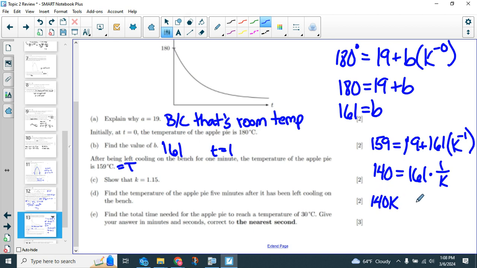So 140k is equal to 161. Divide both sides by 140. And I'm going to guess that 161 divided by 140 is 1.15. So there's one way you could have done it.